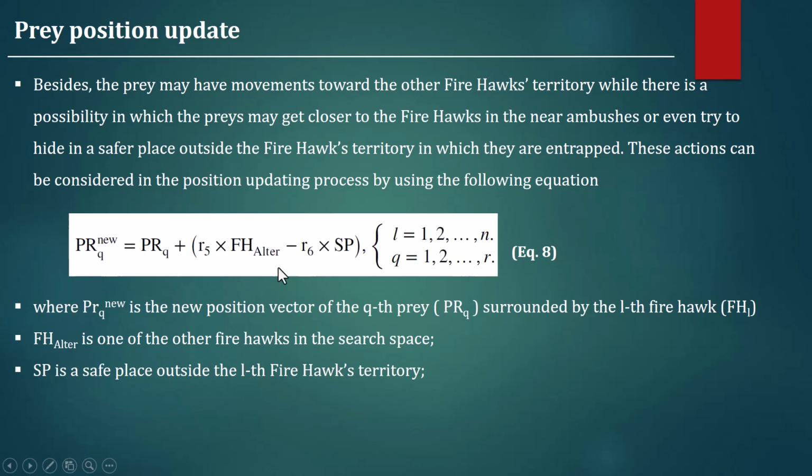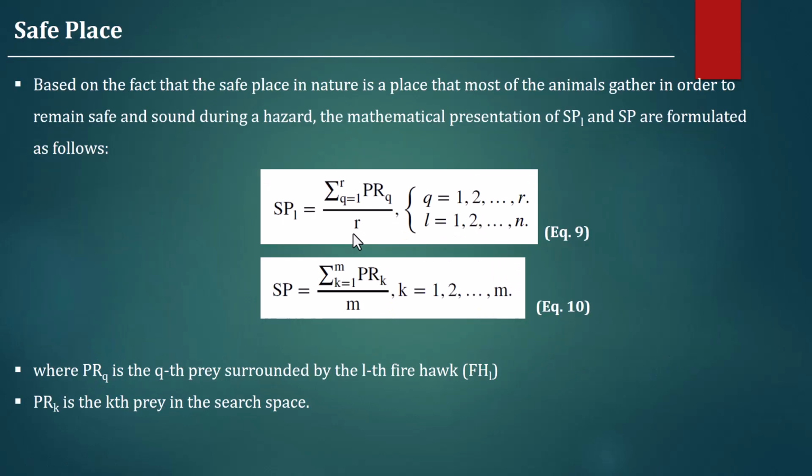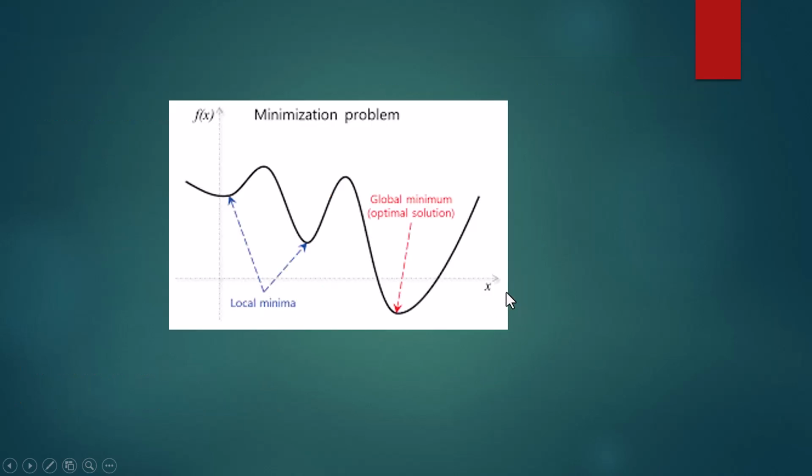This is the alternate firehawk with respect to which we are calculating the distance, and SP is the safe place outside the lth firehawk, because now it is moving outside the territory of the lth firehawk. And this is the simulation. Then we have the calculation of SPL and SP. SPL is the average of all firehawk preys in the territory of the lth firehawk, and SP is the average of all possible preys, that is the M preys we have.